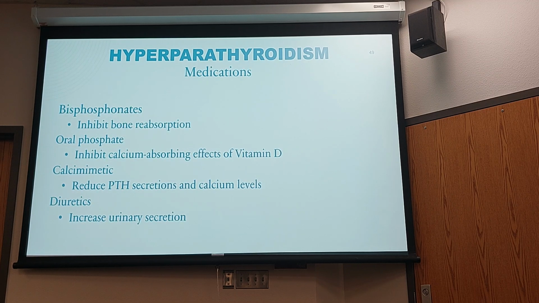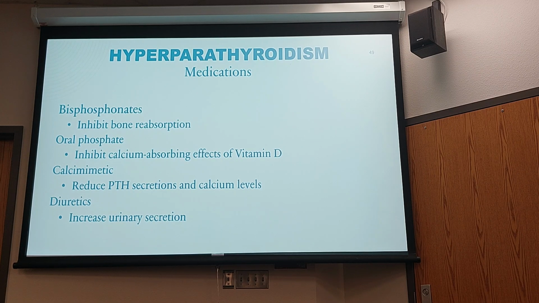Okay, so you guys know what bisphosphonates are? For like osteoporosis patients. So these patients might be on bisphosphonates, oral phosphates, okay, calcium mimetics. Calcium mimetics pretend, they mime that they are calcium. So it tricks the parathyroid into thinking that the calcium levels are good, so it's not going to pull that out of the bones.